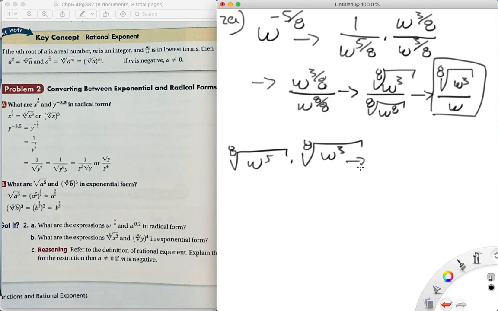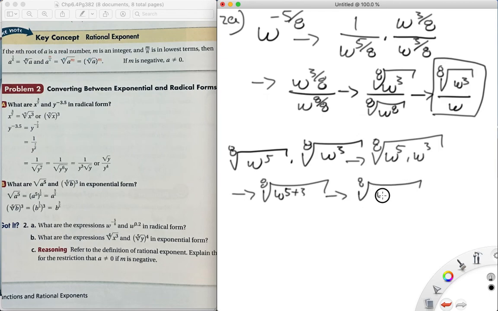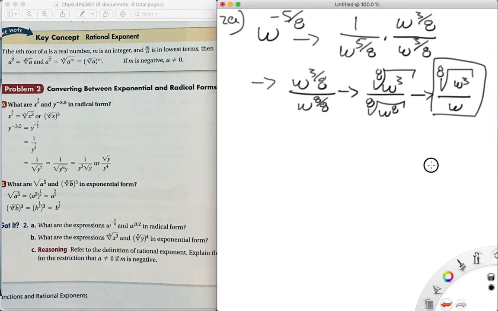Remember, this is the same thing as the 8th root of w to the 5th times w to the 3rd, which is the 8th root of w to the 5 plus 3, which is the 8th root of w to the 8. So it still works. It's easier to see it as a fraction, though, as opposed to using the radicals. So that's 2a.